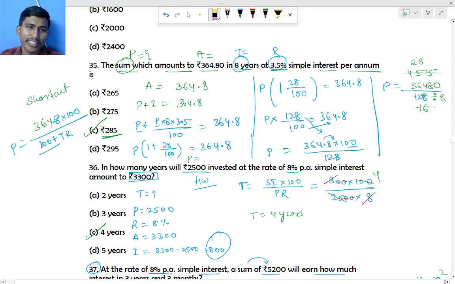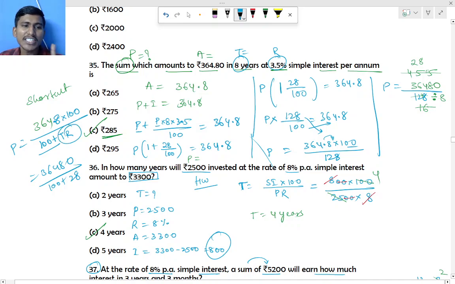Okay, this is the shortcut, right? So if you multiply 36480 on the top by 100, and divide by 100 plus TR, we got 128. You will get 28 answer here. So you divide by 128, that is the answer. Shortcut, remember this. To find the principal we have to divide with TR.